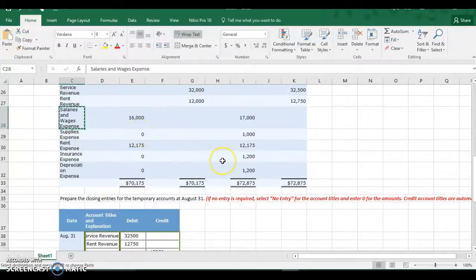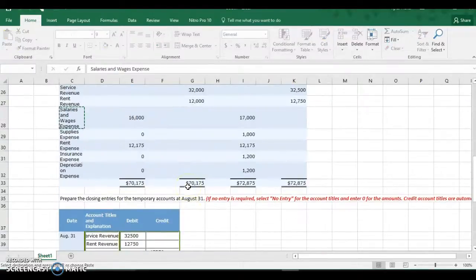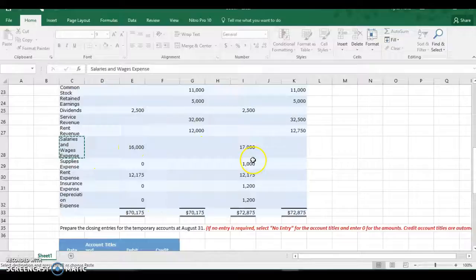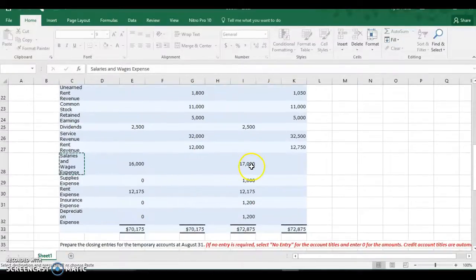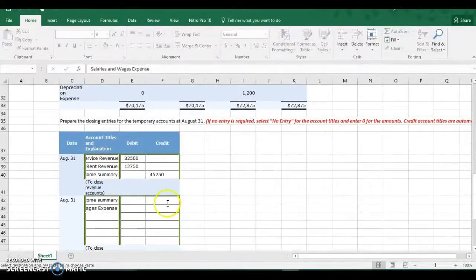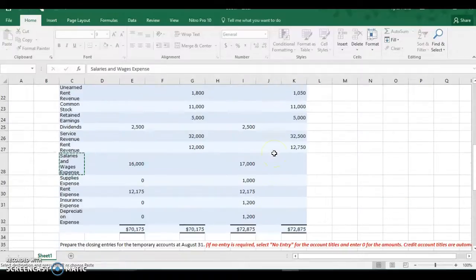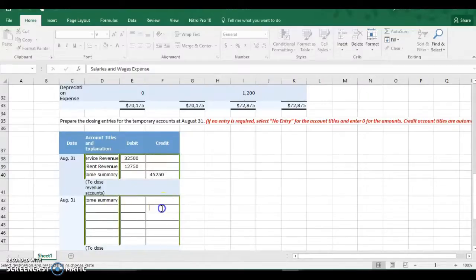So I'm going to copy that and put it right there. As you can see, the expense accounts were debited, so we're going to do the opposite of that. We're going to credit our expense account 17,000 for the salaries. Yes, 17,000. Just had to double check that.